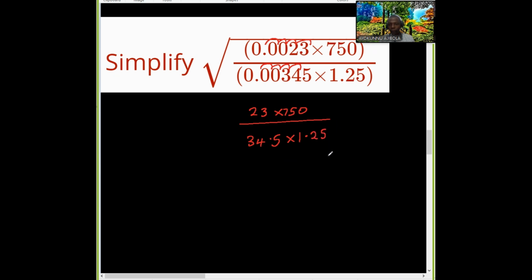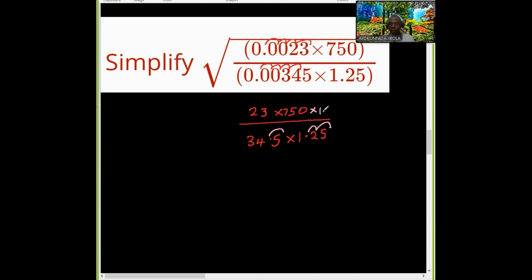Now there are three more decimal places at the bottom, right? Yes. So that means I'm multiplying by 1,000, which means I have to introduce 1,000 at the top. Okay?